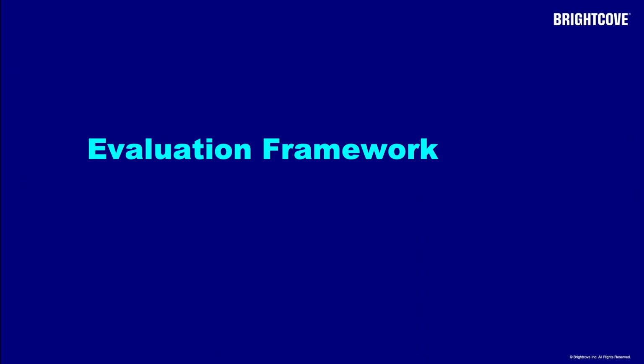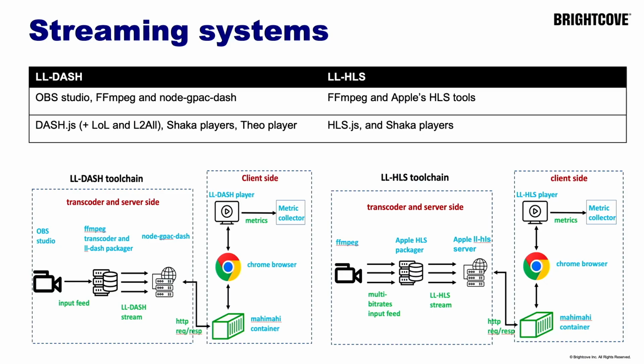Next is the evaluation framework. We use a pretty standard live encoding and streaming workflow. On the server side for low latency DASH, we use OBS Studio to generate the live source stream.